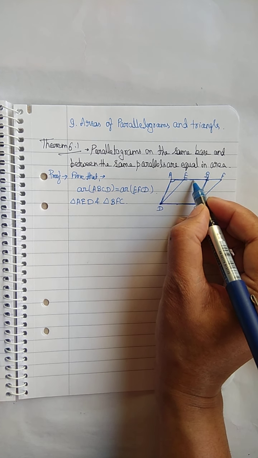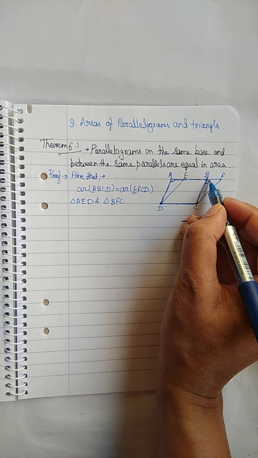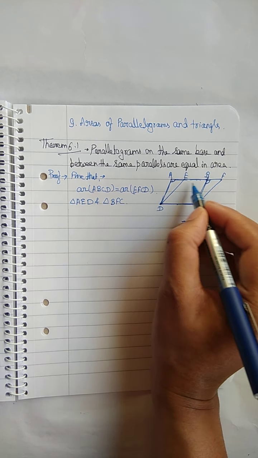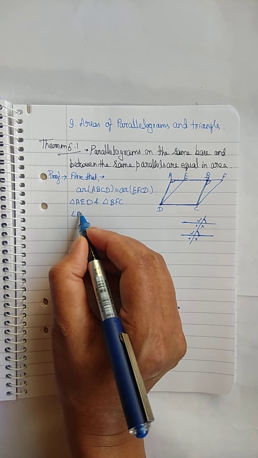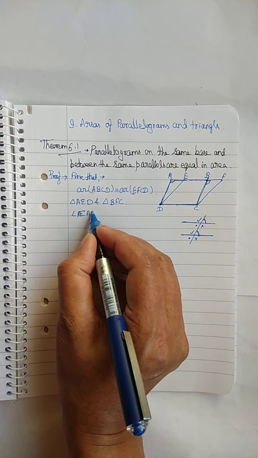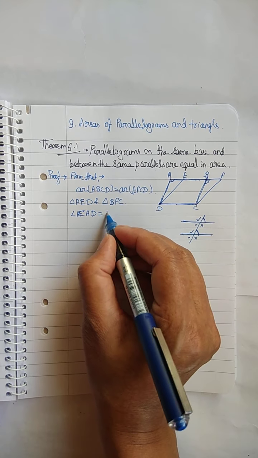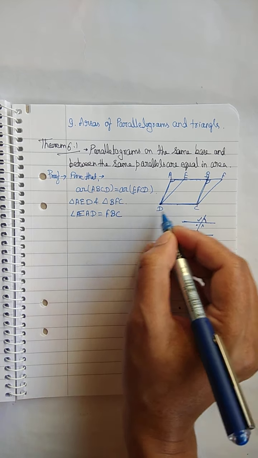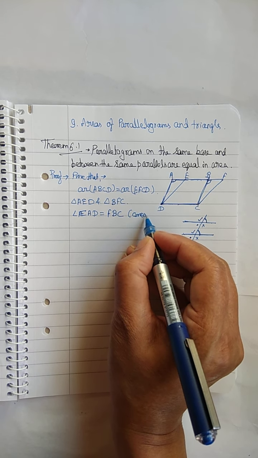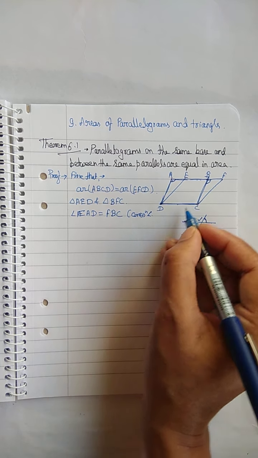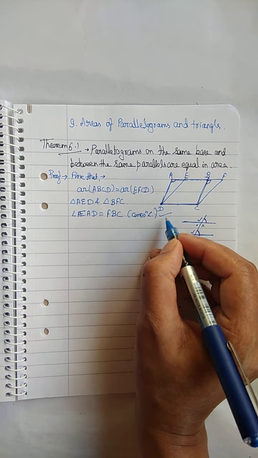This, because this is the intersecting line and these are parallel. So this equals this, right? Because these are corresponding angles. So we can write angle EAD, A should be in the middle, correct? So EAD equals FBC. We have to write here because of corresponding angle. And AD is parallel to BC. That also you can write.